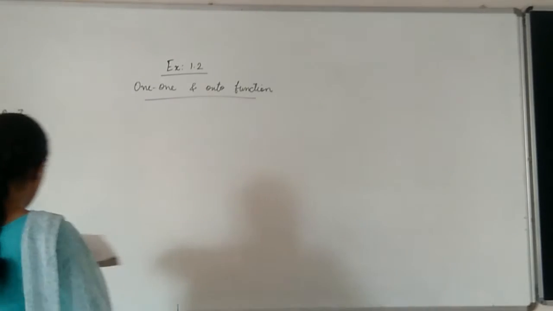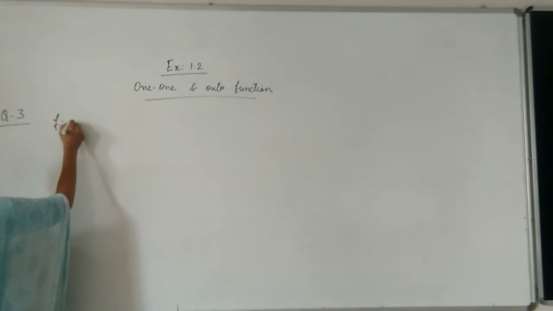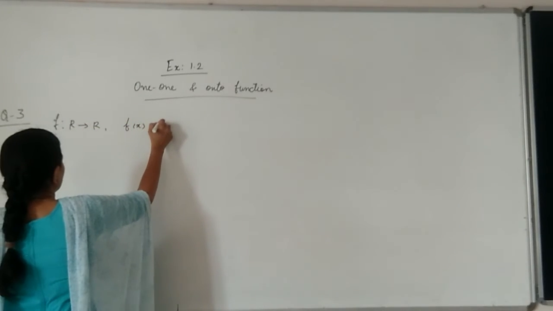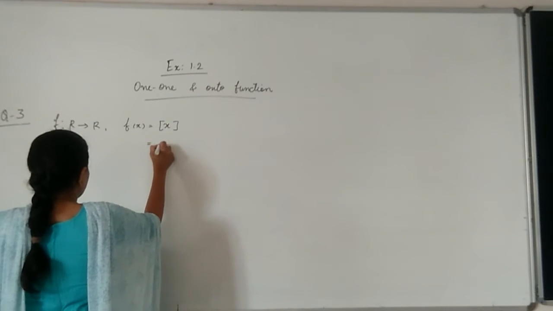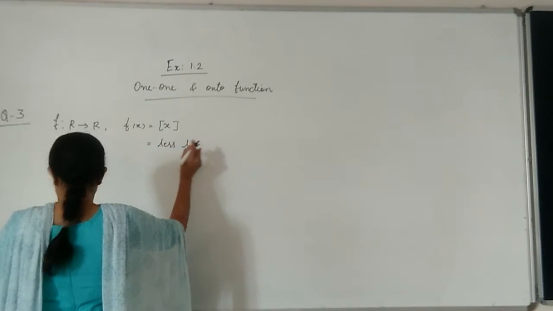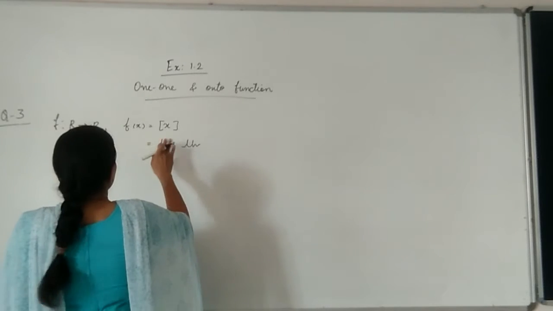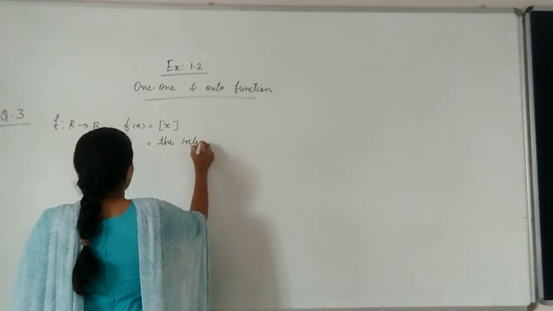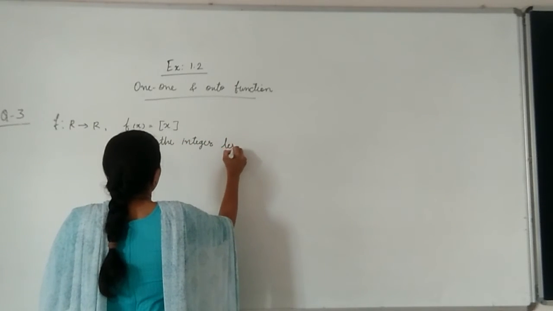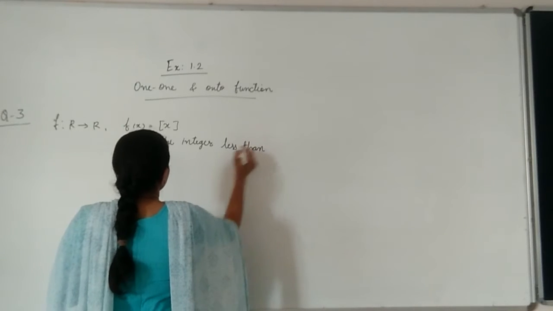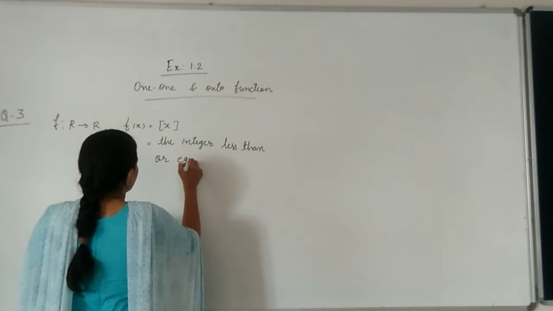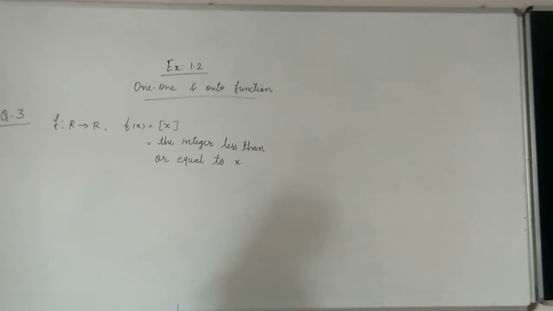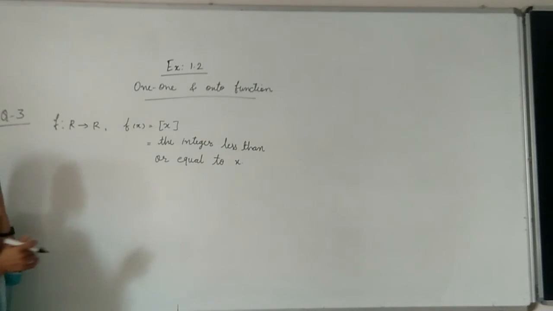The greatest integer function f from R to R, where f of x is equal to the greatest integer x, that is the integer less than or equal to x.